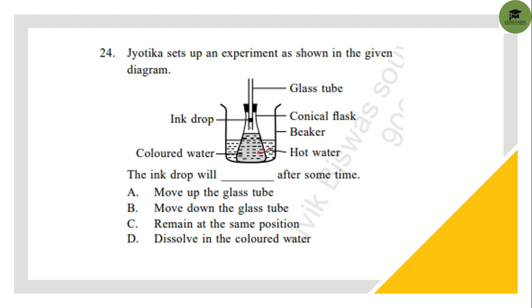When this expansion happens, it takes more space, its volume will increase. Because this conical flask is closed and only one glass tube is there, this expanded gas will push the ink upwards to take the space. So the ink drop will move up the glass tube.